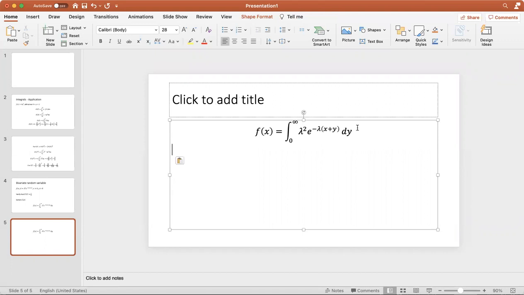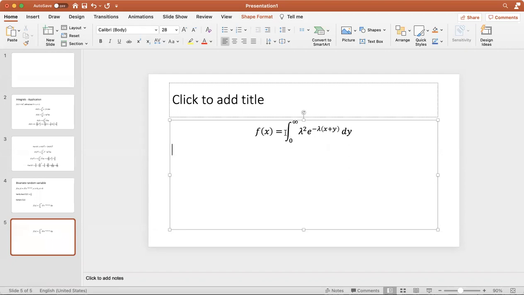Take note that taking the integral of a function with two variables like this one is similar to taking the derivative of a function with multiple variables. If you want the integral of this joint density function with respect to y, all of the x terms are considered constant, so we can move some of the terms outside the integrand.